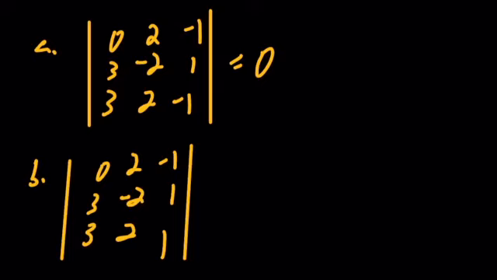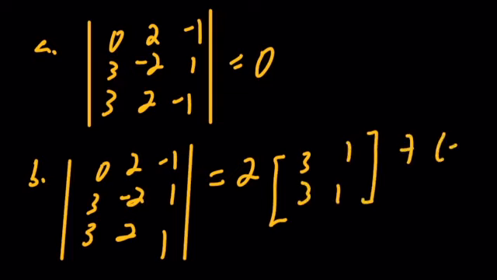And we can do that by row expansion, or we can just plug into the calculator for an instant result. I'm going to go with row expansion in the first row. So 0 times anything is 0, and we are left with 2 times 3, 1, 3, 1, plus -1 times 3, -2, and 3, 2.